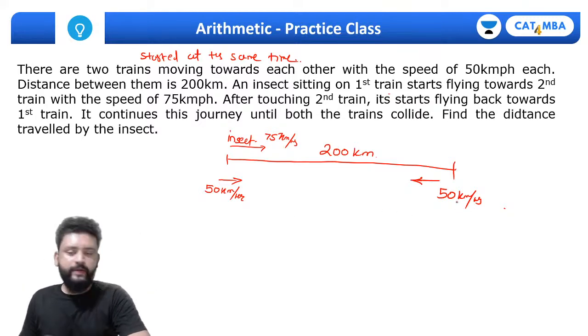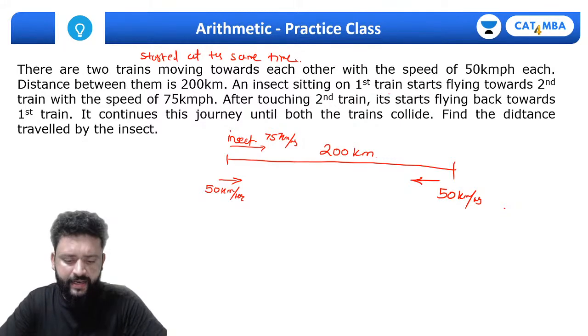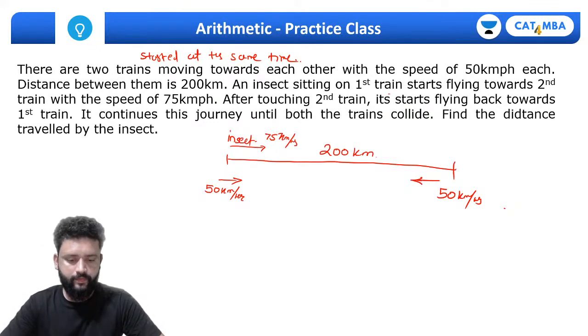Any answer? Ashish, Megha, what happened? Has anyone solved this question before? Have you seen this question earlier or not? Okay, take your time, but try to do it on your own.